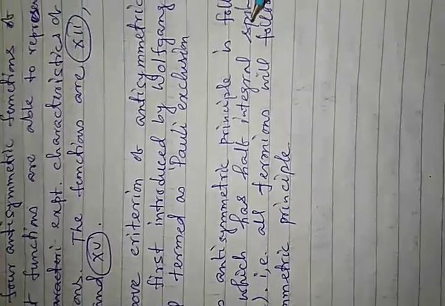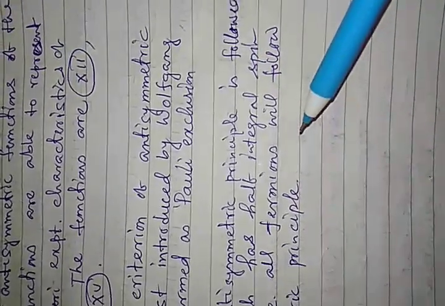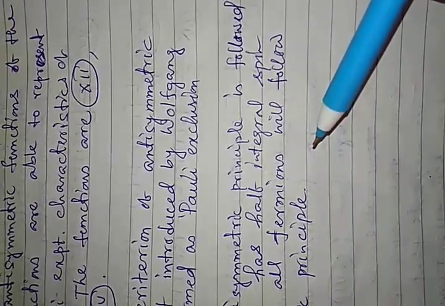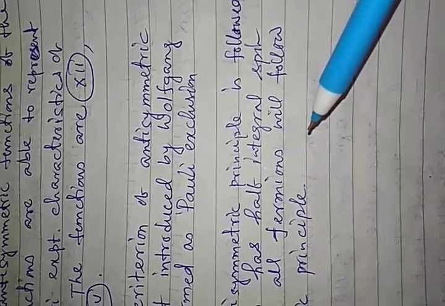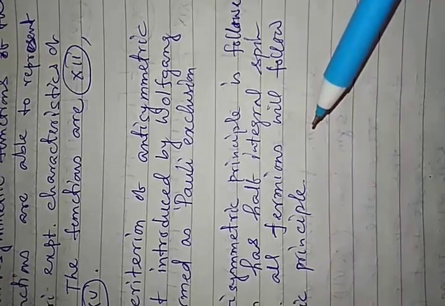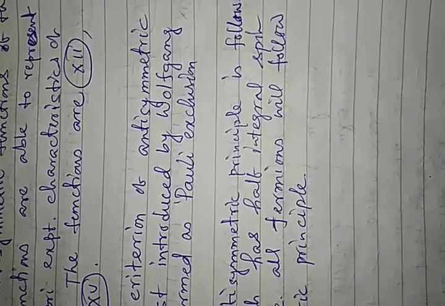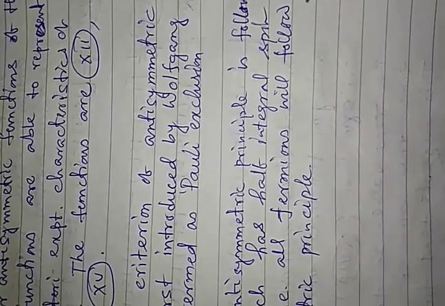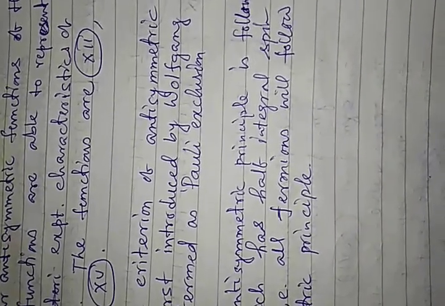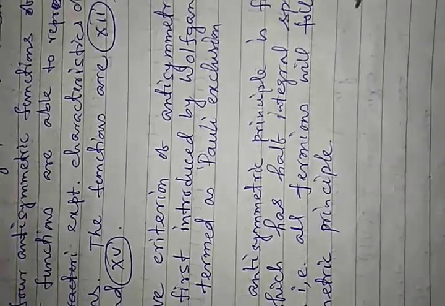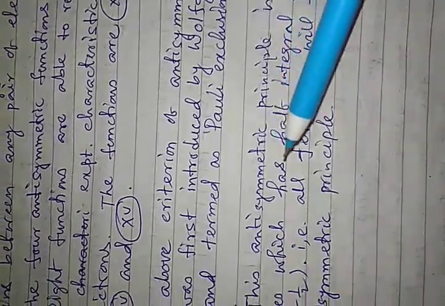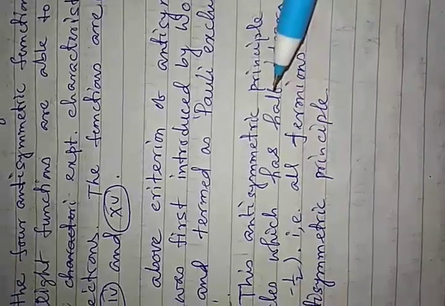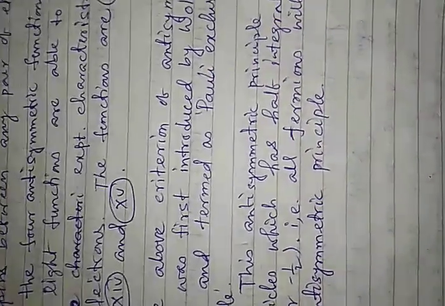Fermions are particles which have half-integral spin, that is plus half spin. Electrons and protons can be categorized as fermions, and they follow Fermi-Dirac statistics. So this type of particle follows the Pauli exclusion principle.